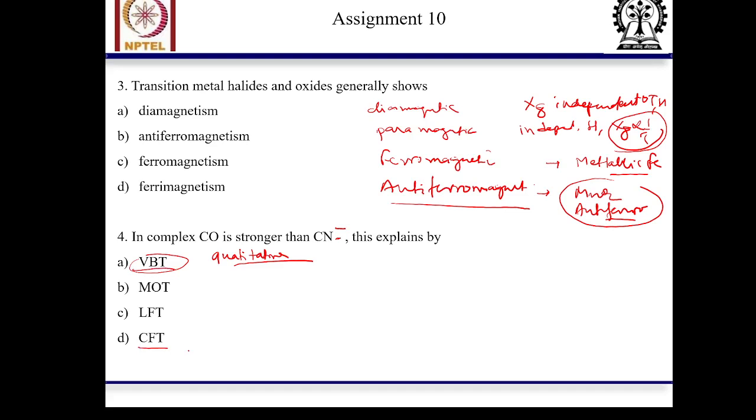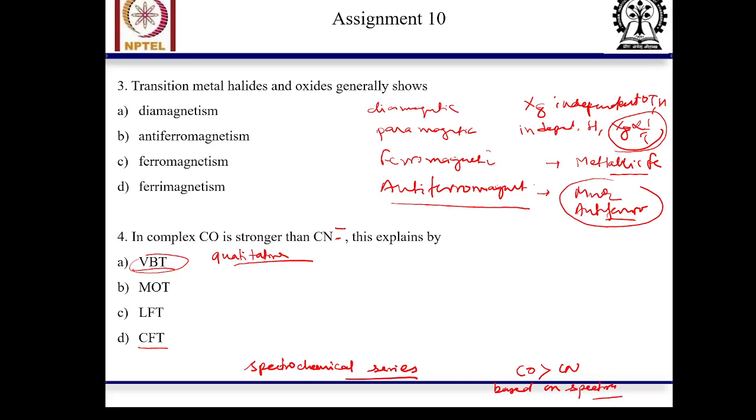Your crystal field theory has given the spectrochemical series. So here it is given that CO is stronger than CN based on the spectra, but we have not been told why CO is stronger than CN.